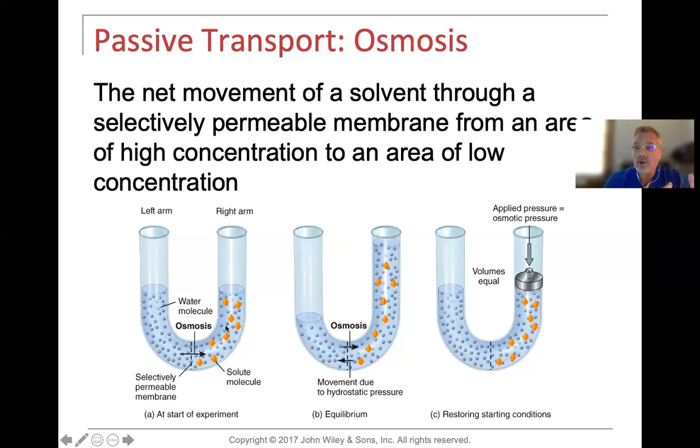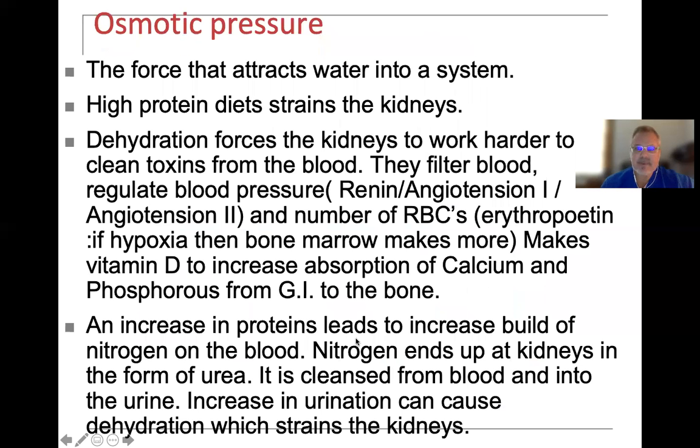Water always goes from an area of higher concentration to less, and water likes to follow minerals. So the water moves from where it's higher concentrated on the left-hand side and is pulled into the right side of the membrane, which raises that level. You see that? That's an important concept.